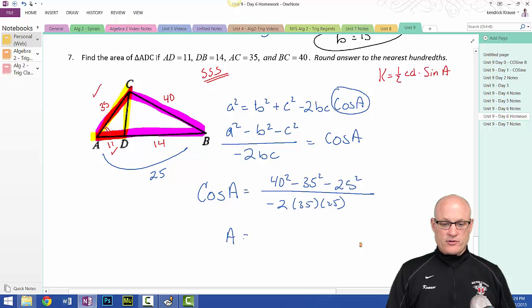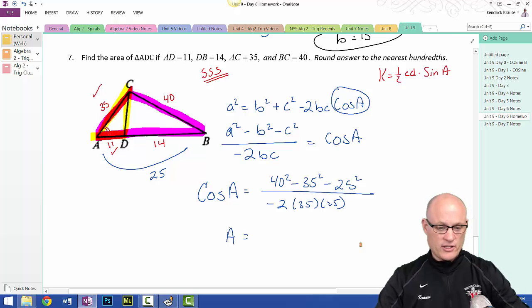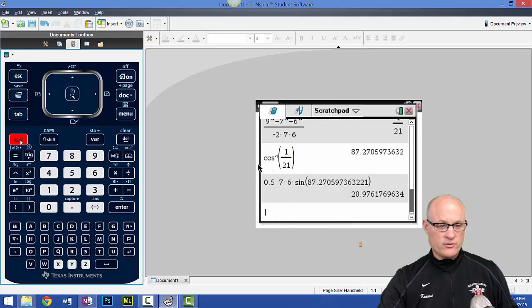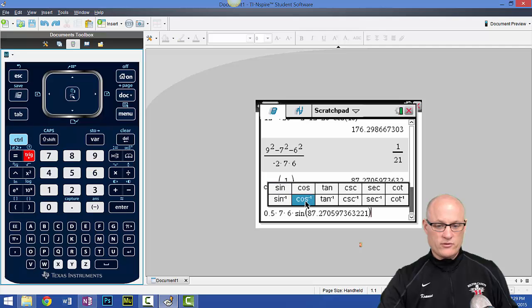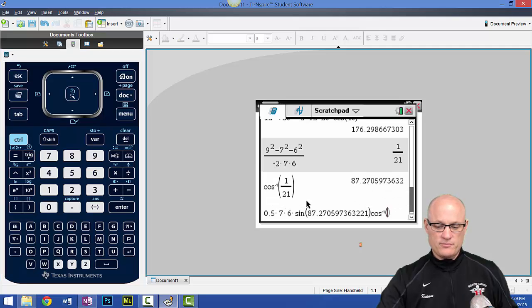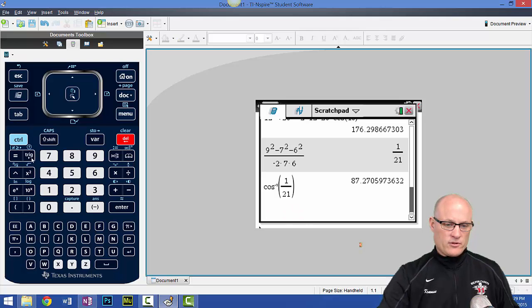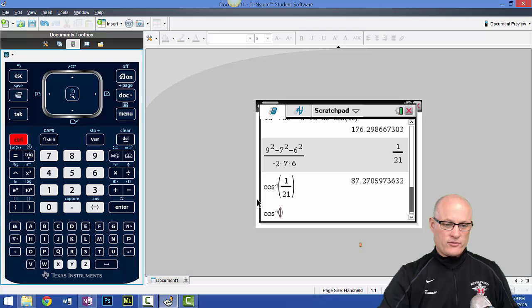And I'm going to do this all in one fell swoop, kind of show you how this is done. We're going to do the inverse cosine of a fraction, control division.